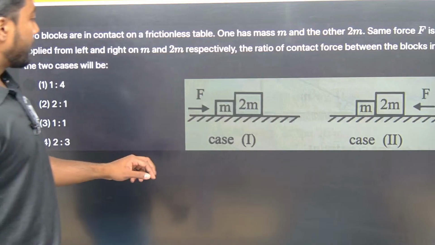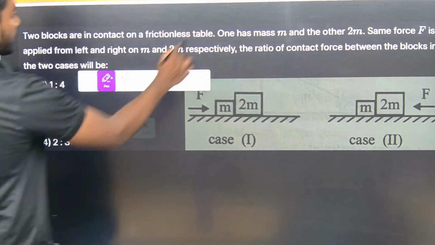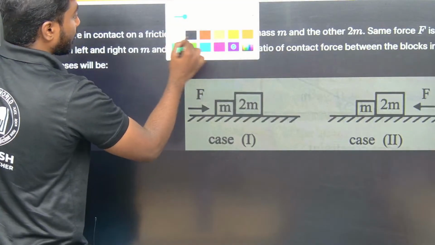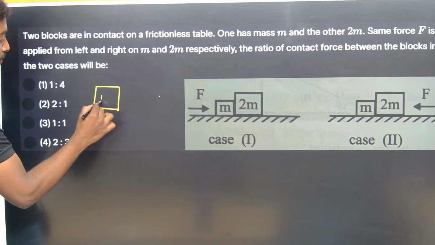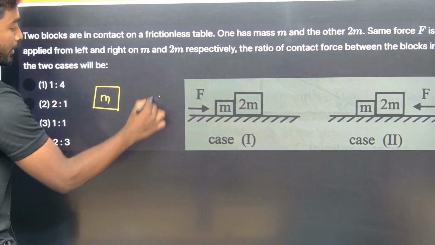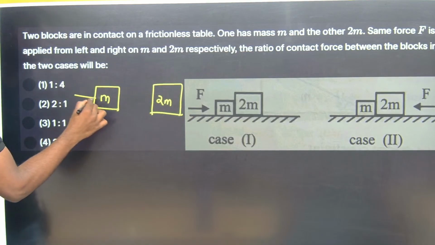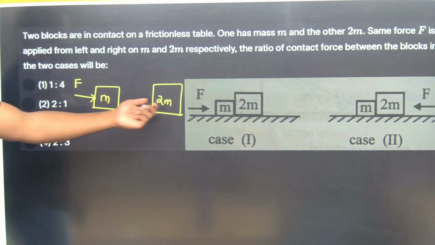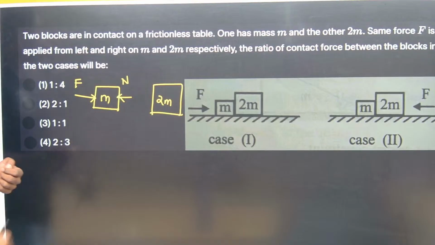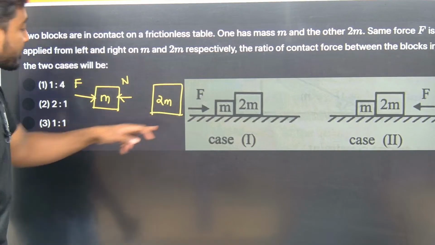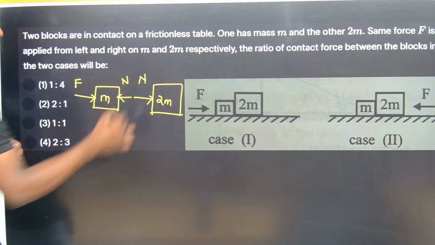Let me take a free body diagram of the two cases. This is case 1 having mass m and mass 2m. When I apply a force F, due to the 2m mass there will be a normal force here, that is n, and due to this m there will be a normal force, that is n.